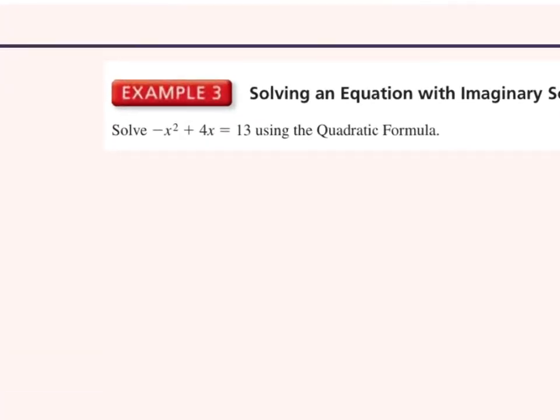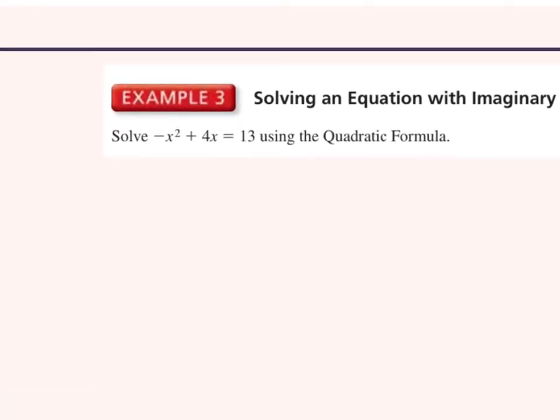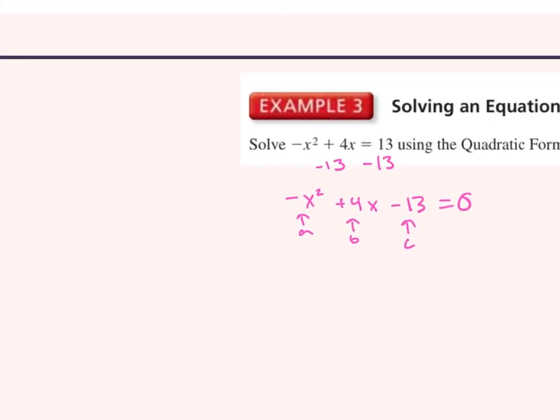Alright, our next example. We need everything on one side of our equation, so I'm going to subtract 13 on both sides. So this is negative x squared plus 4x minus 13 is equal to 0. Our a is negative 1, b is 4, c is negative 13. So I need to plug everything into our quadratic formula again.